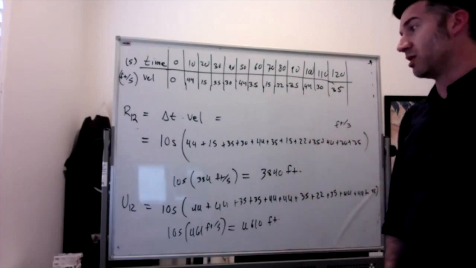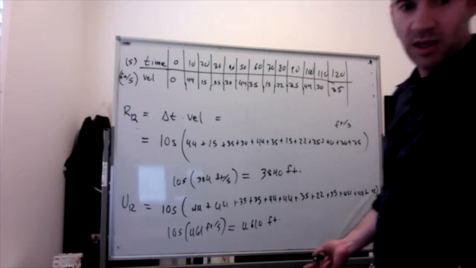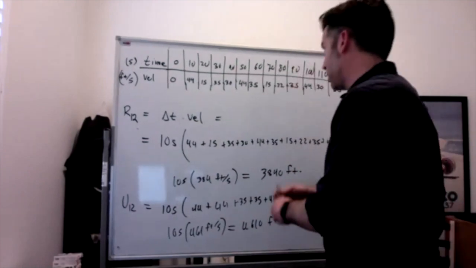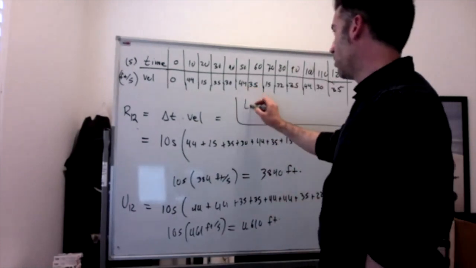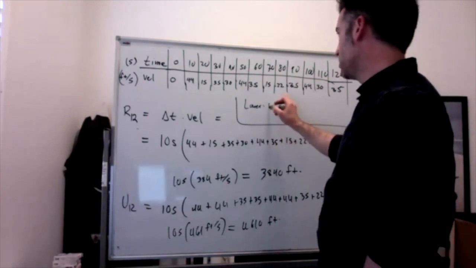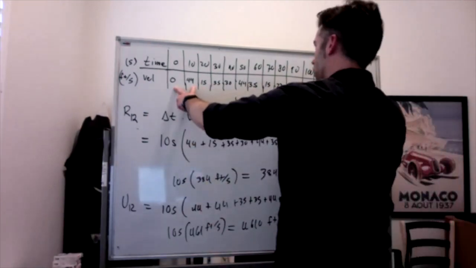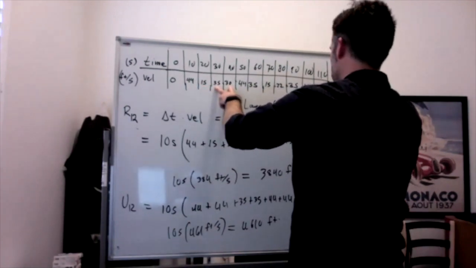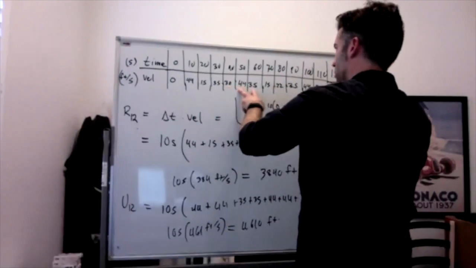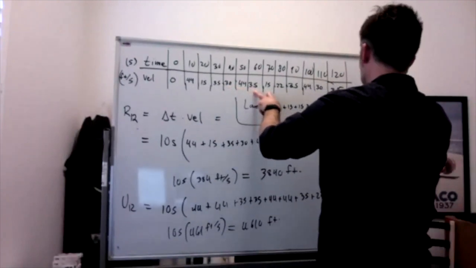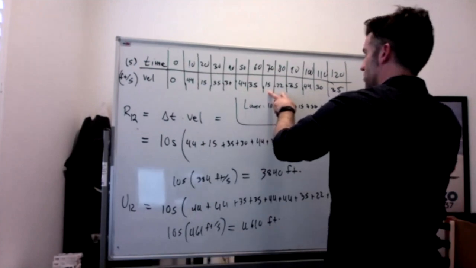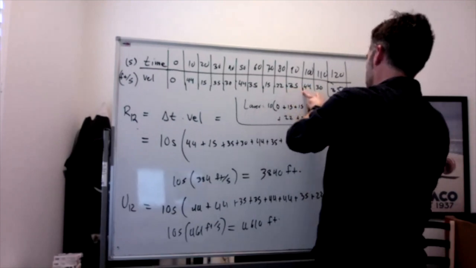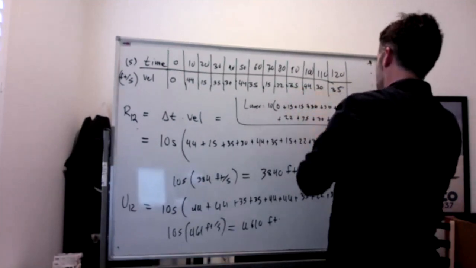We can also do the lower sums. You do the same thing, except you pick all the lesser values. So let's do the lowers real quick. The lowers would be 10 times, let's see, 0, 15, 15, 30, 30, 35, 15, 15, 22, 35, 30, 30.